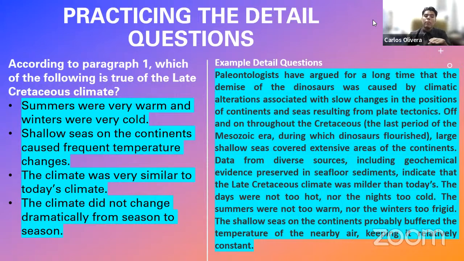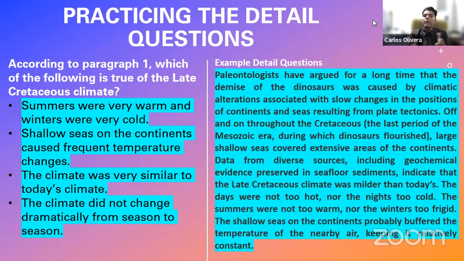If the climate had been very changeable and had changed dramatically, then winters would have been super cold and summer days super warm. If the paragraph had pointed to that situation, then you would have responded something different.